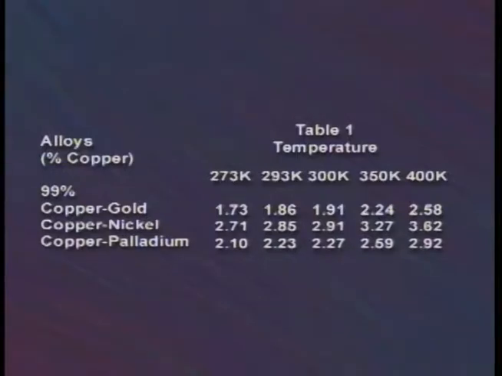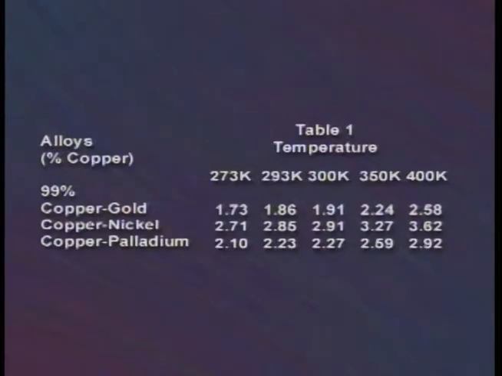We're given a new temperature value, one not in the table. This value of 375 degrees Kelvin is between 350 and 400 degrees Kelvin. The new value of electrical resistivity is 17.56, and we're focusing strictly on copper-palladium alloys.